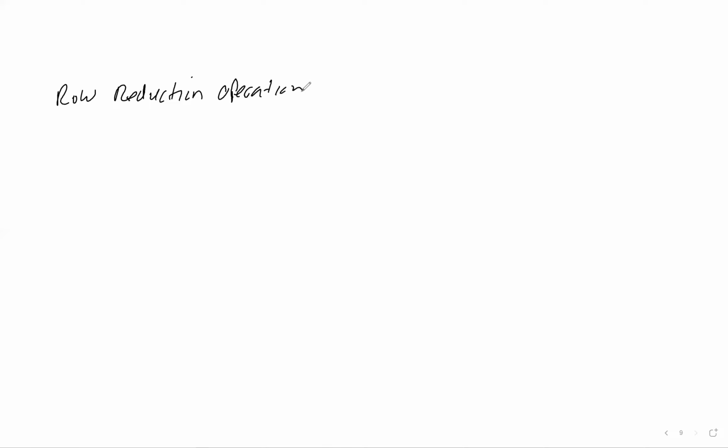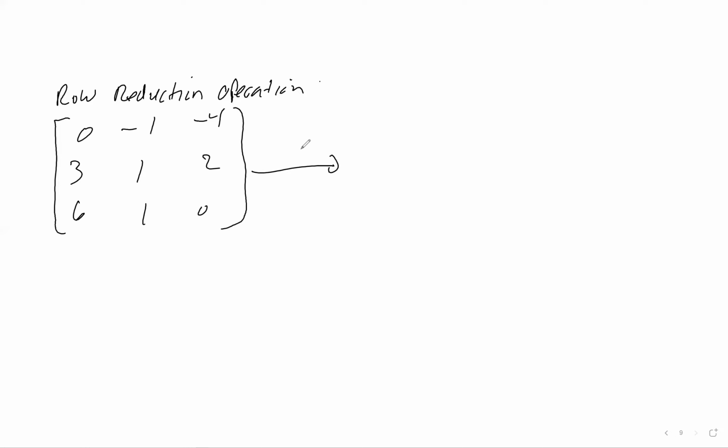We write the matrix as 0, -1, -4, and I'm going to go a little bit fast, but you can follow these steps and pause the video if you are kind of lost on the way.